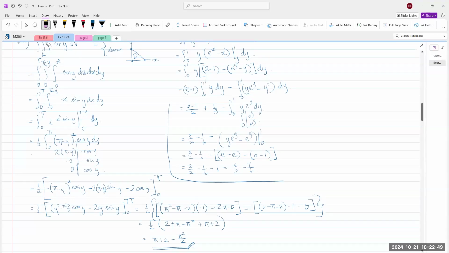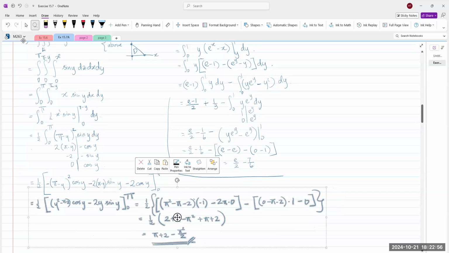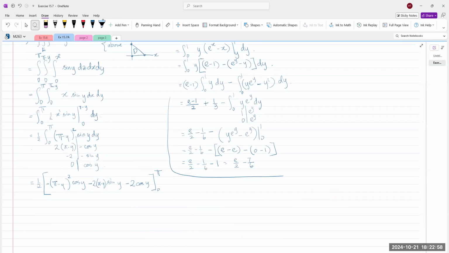Okay, now everything after, let me redo it. Good thing I show my work, right? So that if I find a mistake, I can easily fix it. I would just plug that in then. Okay. At pi, the first term becomes 0. The second term is 0 minus 2 times negative 1. That's for the first term.